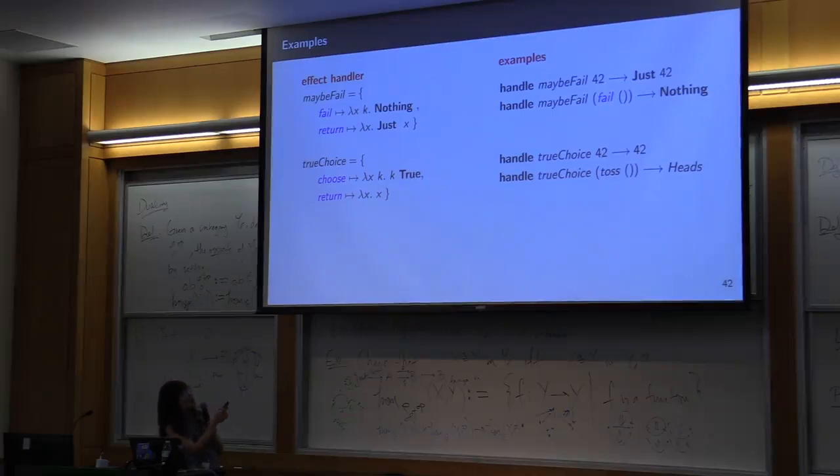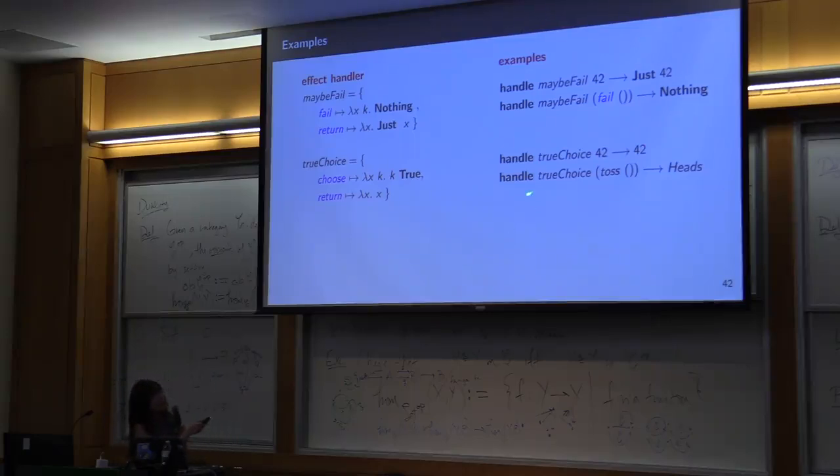Or otherwise, if your computation just returns normally, then nothing is going to happen. I will just apply this identity function. Yes? So this true choice makes choose no longer non-deterministic. It makes choose now give you true every time? Yes, exactly. So every time you call choose now, you will get back a true. Basically, this is what this handler is saying.